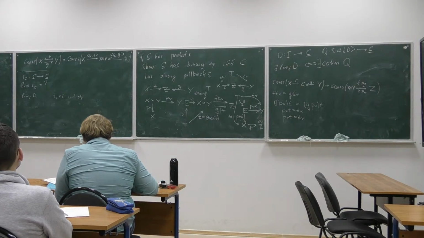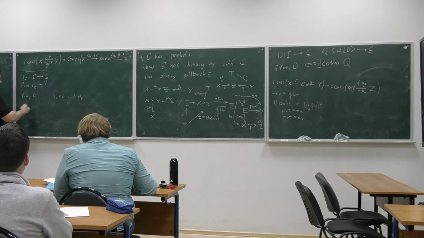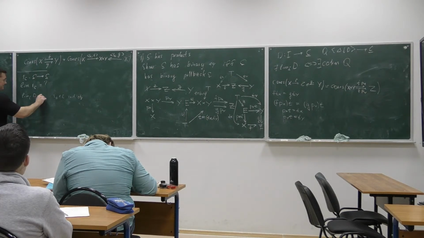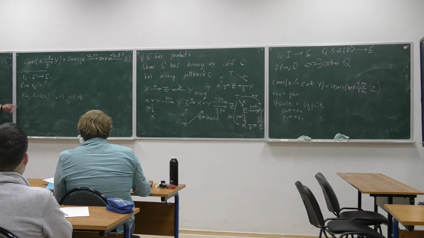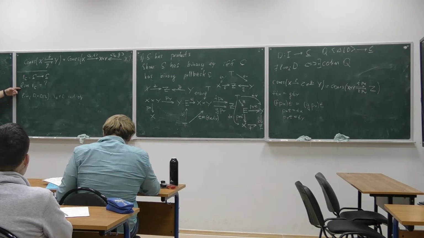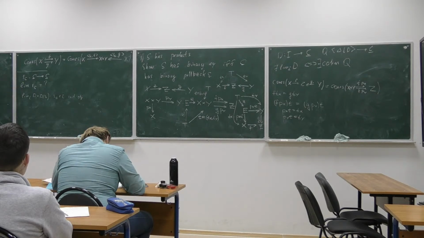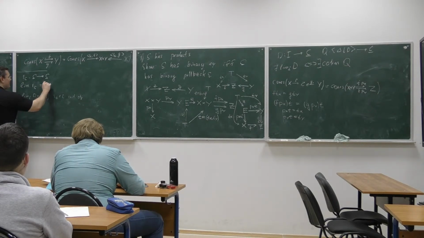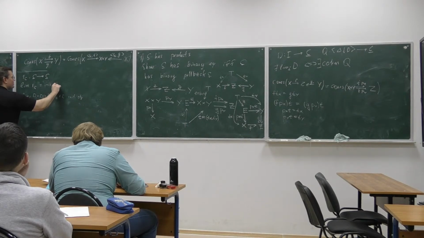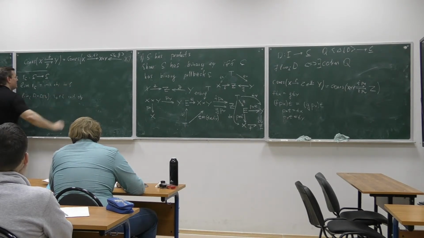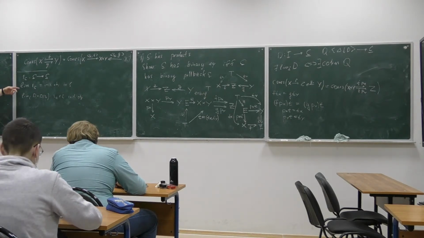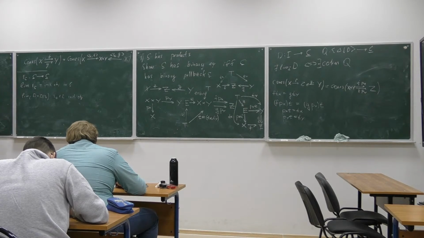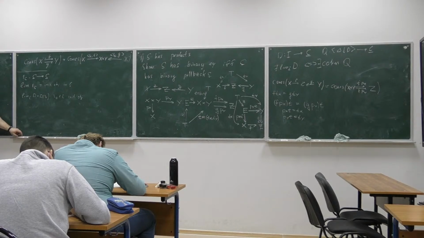Well, this is definitely the limit. So the limit is the initial object in C, which is quite interesting, because a limit is a terminal object somewhere, and the initial object is a colimit. So existence of some limits guarantees existence of some colimits.